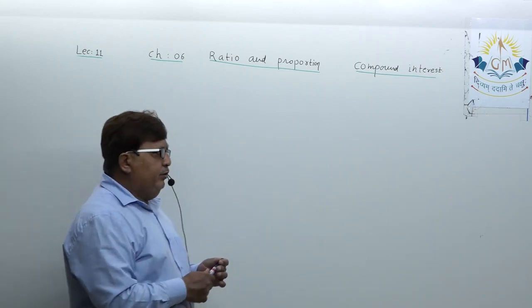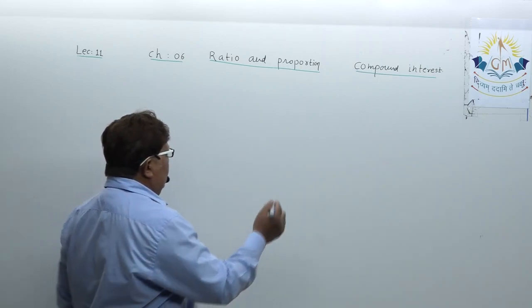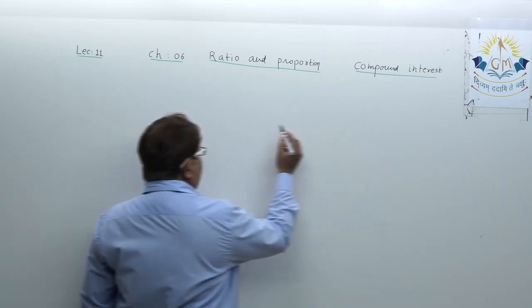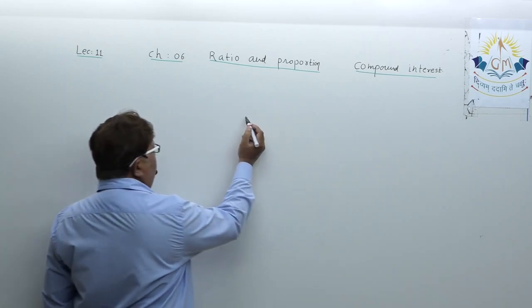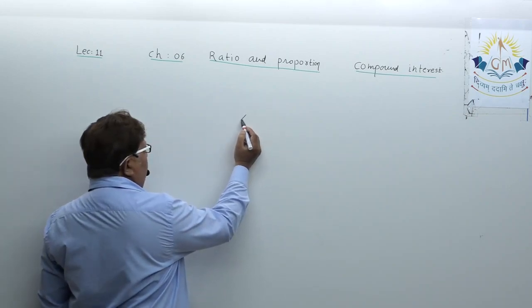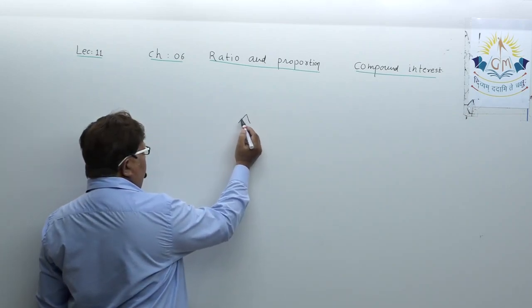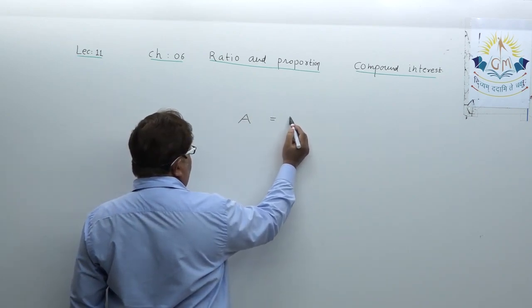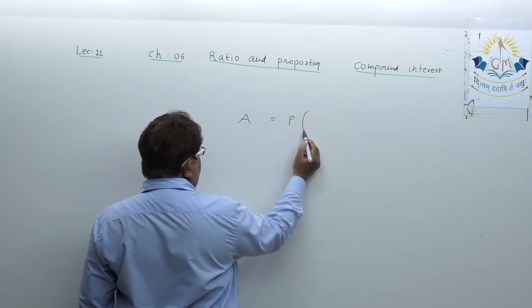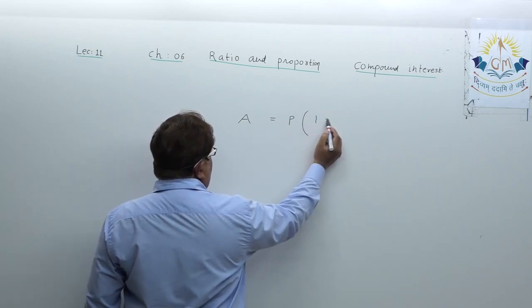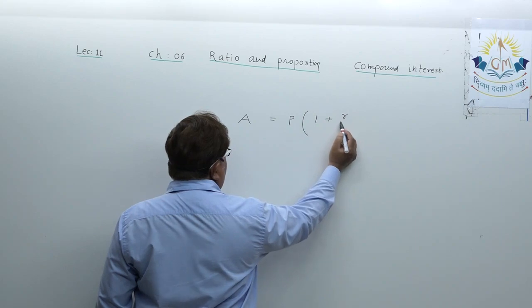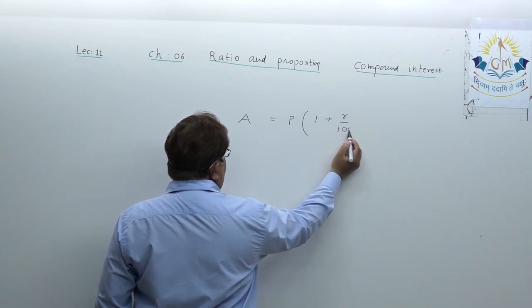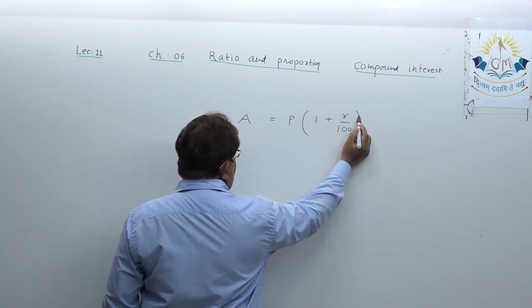Suppose, dear student, you know the formula of compounded amount. You know this: A equals P into bracket 1 plus R upon 100 raised to n.